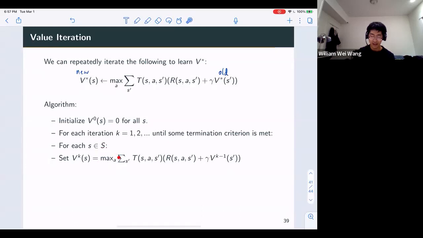This equation says, basically look through every action and see what the best thing you can do is. And when transitions are deterministic, this simplifies because this sum just becomes a single element.